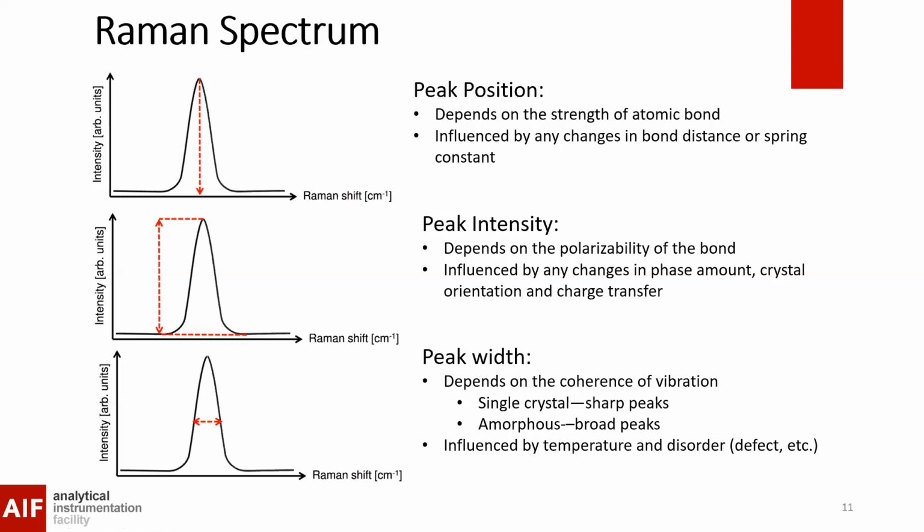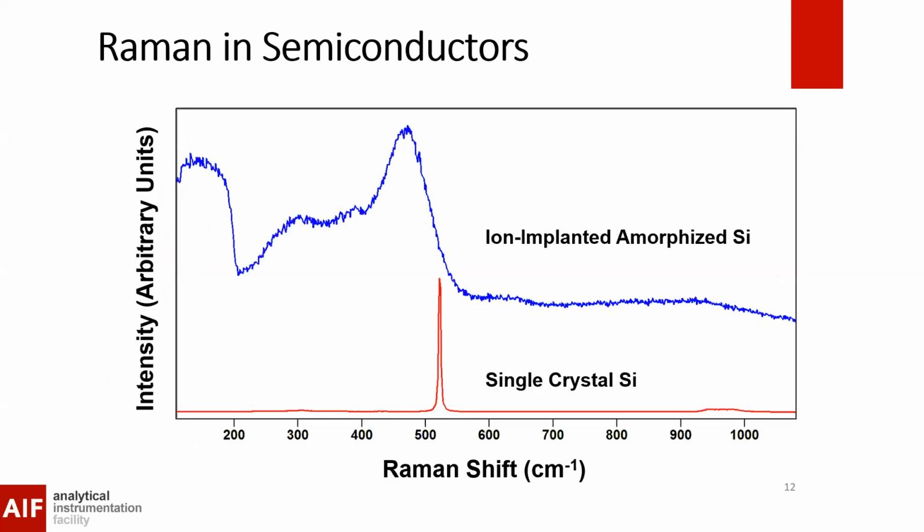That means if the sample is a single crystal, it tends to show sharp peaks. If it is amorphous, it tends to show broad peaks. And the peak width is also influenced by the temperature, disordering, defects, and so on. Now let's take a look at this example, which is a single crystal silicon and ion implanted amorphous silicon.